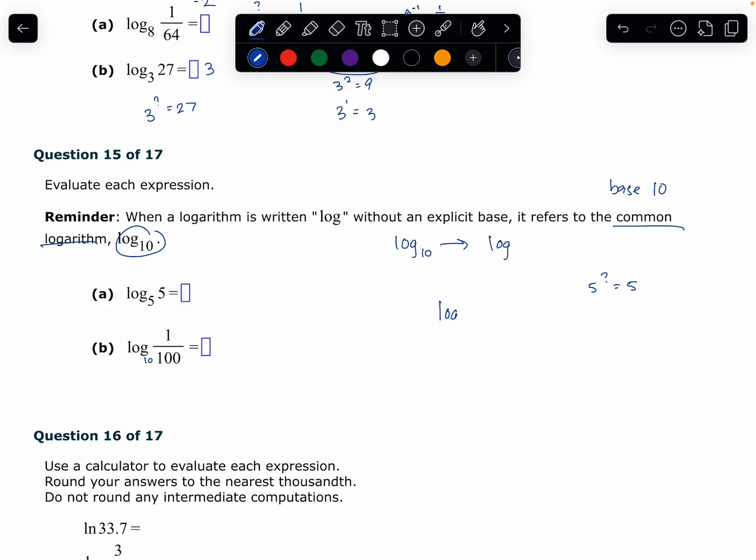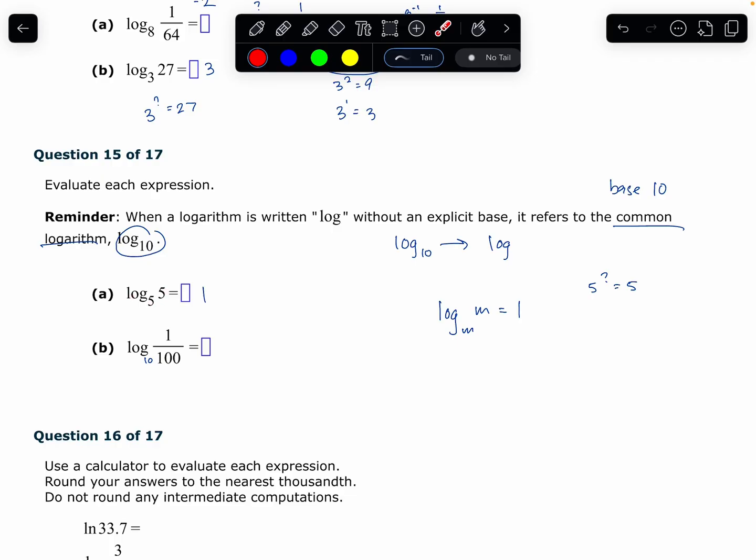A logarithm with a base of, let's say, base of m of m will always equal 1. So if the value of the base is the same as the value of the argument, the logarithm will always equal 1. So this is equal to 1 because we're doing a log base 5 of 5.